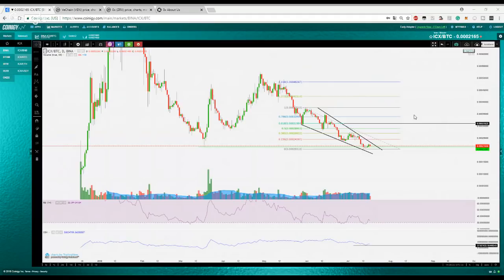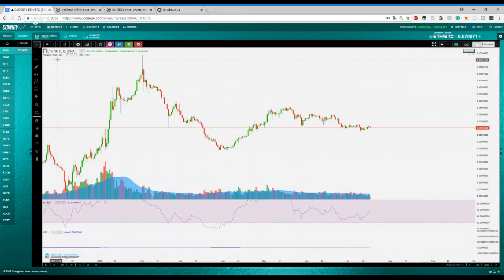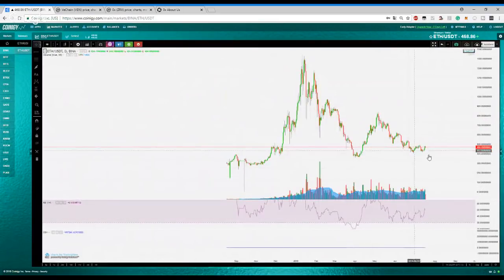Yes, I do still believe alt season can happen in August. In fact, even though we are in a bear market, right now is the most important time. Reason being, if we go to any alt, ETH, Ethereum, let's pair against USD for a better view. You can see it's at a low.